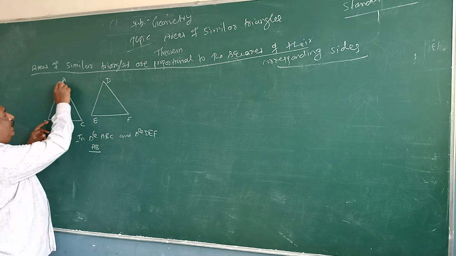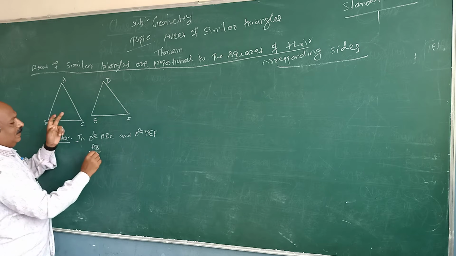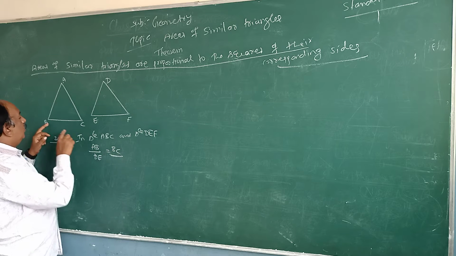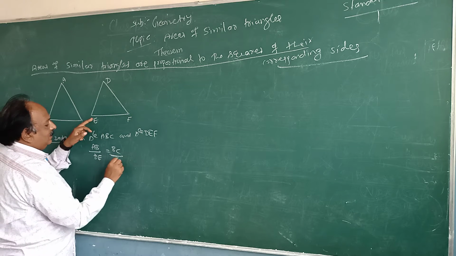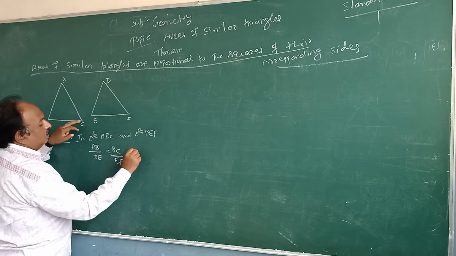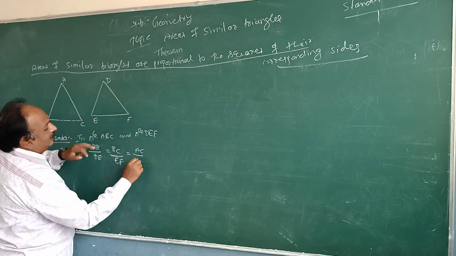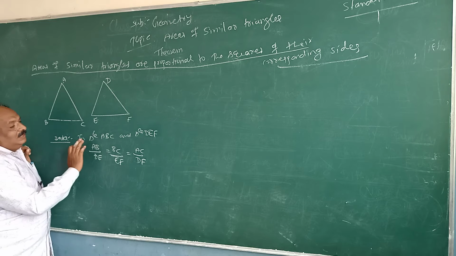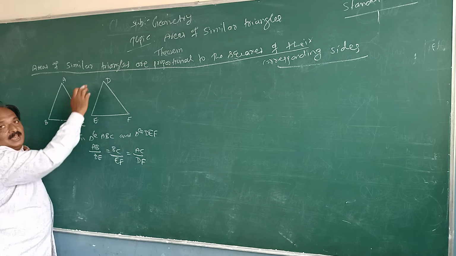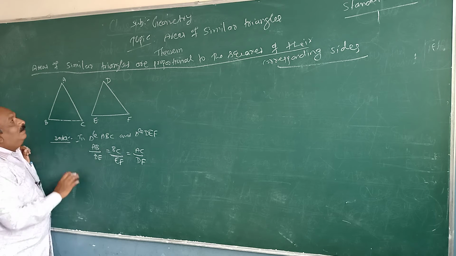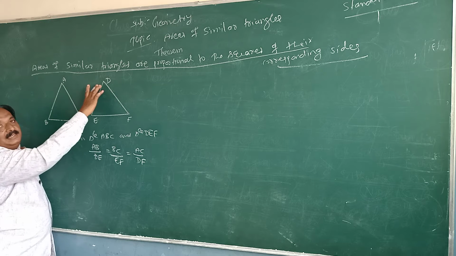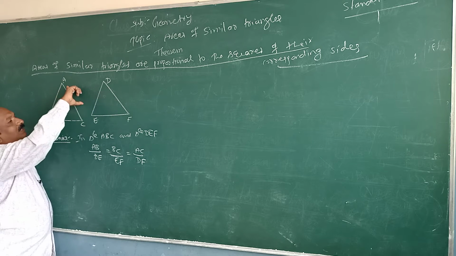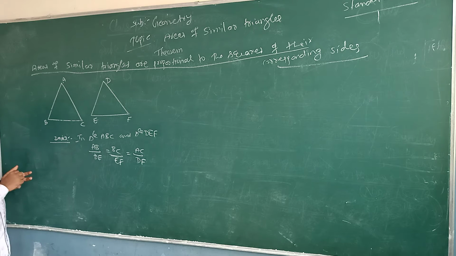AB divided by the corresponding side DE is equal to BC divided by EF is equal to AC divided by DF. I want to explain once again. Data: in triangle ABC and triangle DEF, AB divided by DE is equal to BC divided by EF is equal to AC divided by DF.